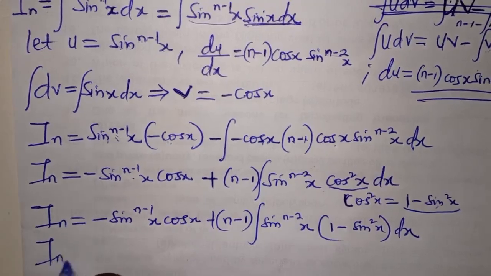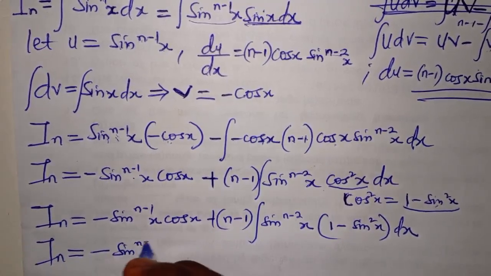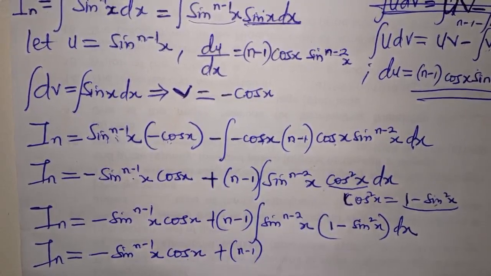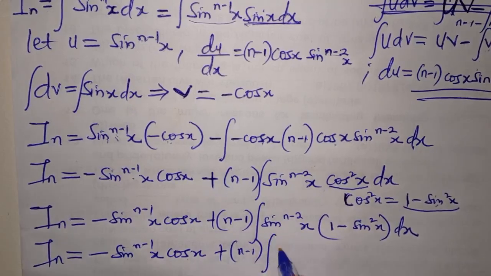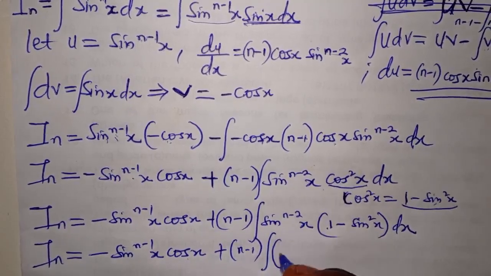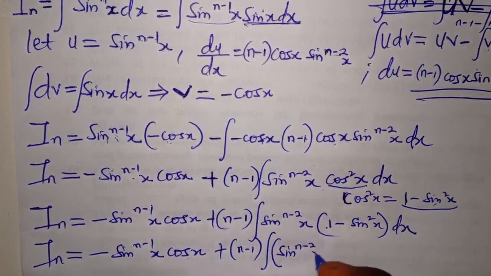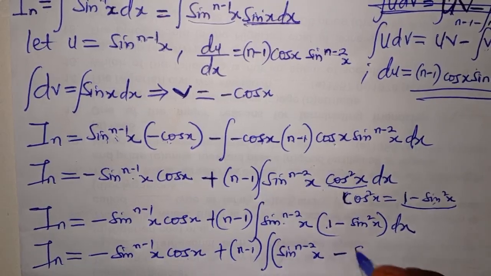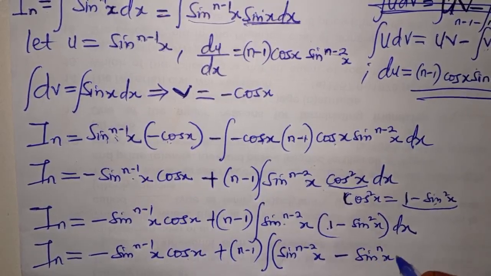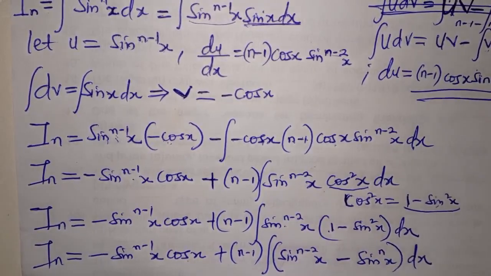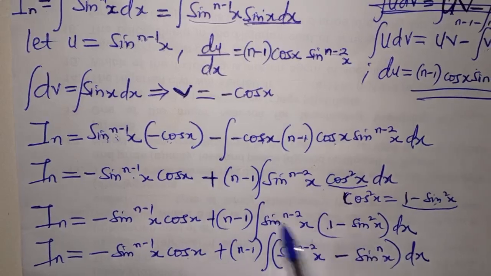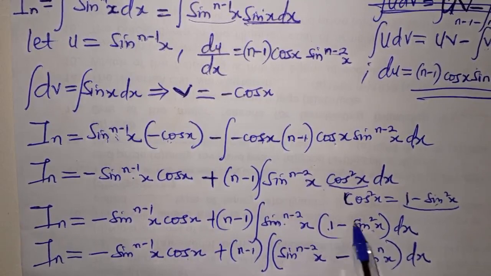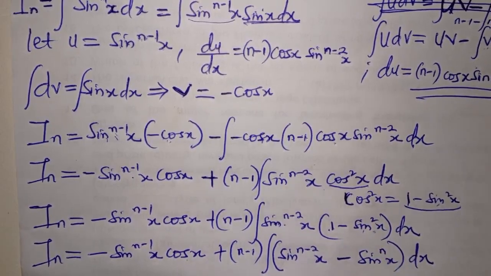We go ahead. I sub n is minus sine to the n minus 1 x cos x plus n minus 1 into the integral of, expanding the bracket, this times this, sine to the n minus 2 x, and this times this, it will be sine to the n x dx. Since they have the same base, if you multiply them, it means that you are adding their powers. So n minus 2 plus 2 is equal to n.